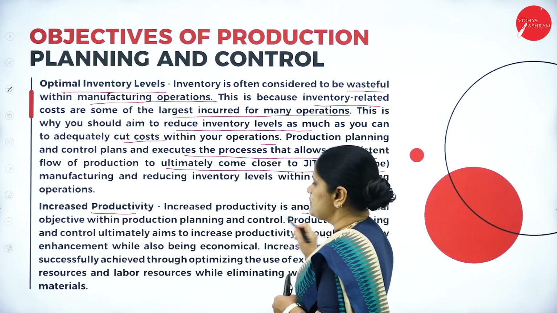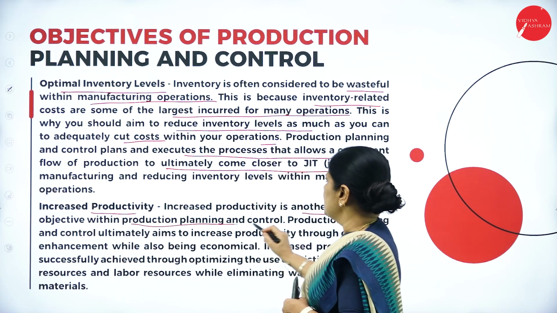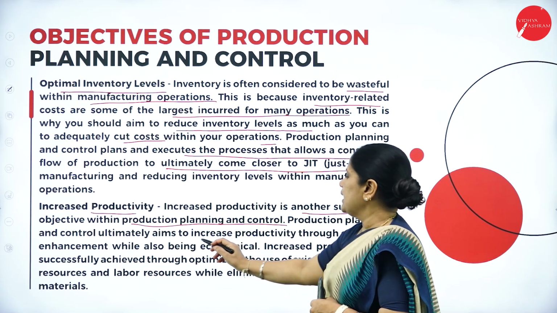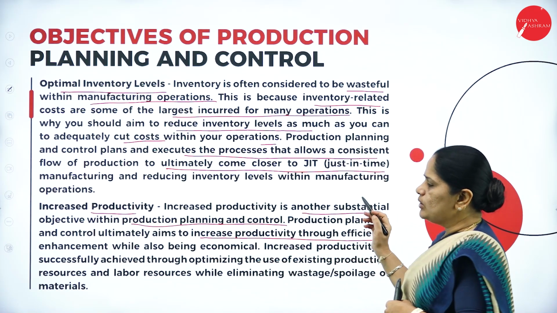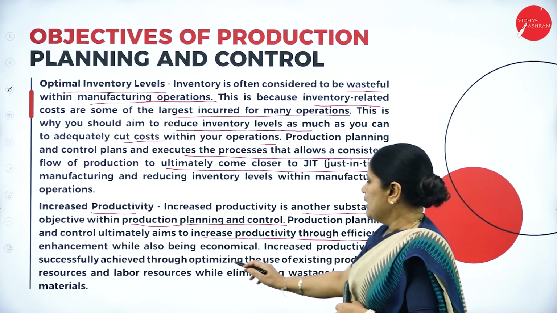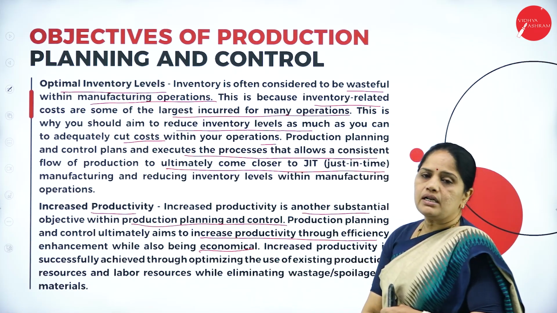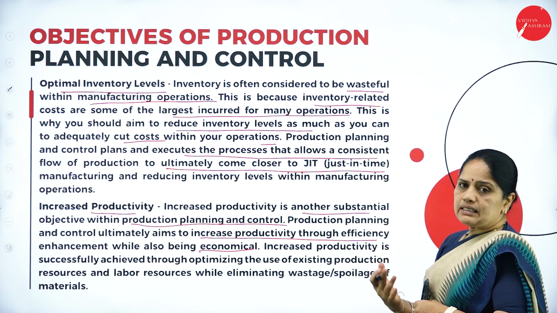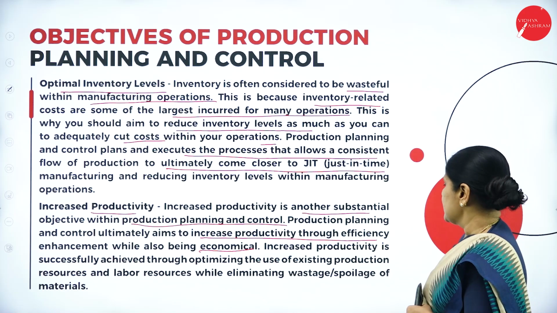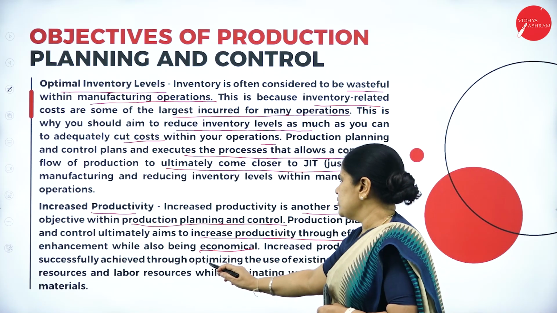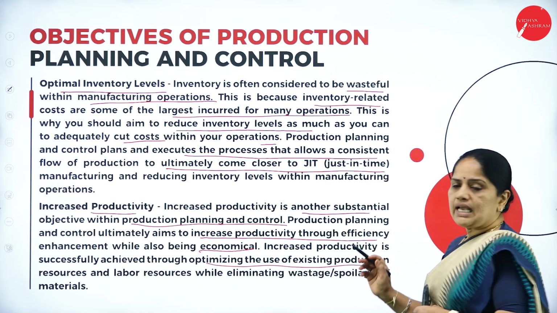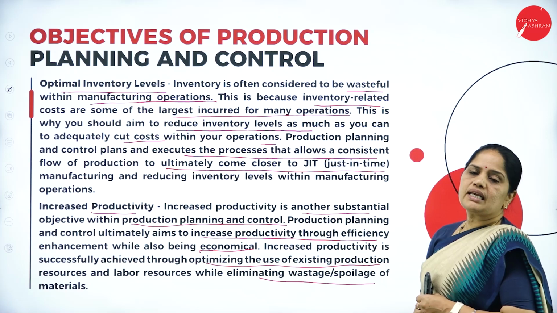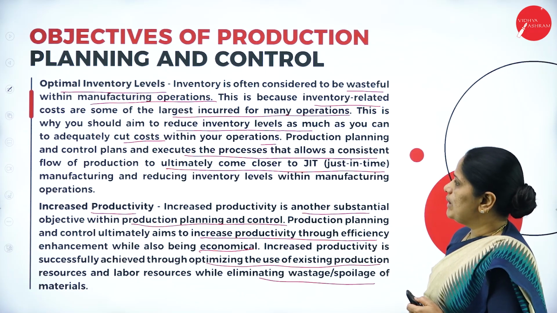It is another substantial objective within production planning and control. It ultimately aims to increase productivity through efficiency enhancement while also being economical. When you are reducing the waste, automatically the productivity will increase. It is successfully achieved by optimizing the use of the existing production resources and labor resources, while eliminating wastage and spoilage of the materials.